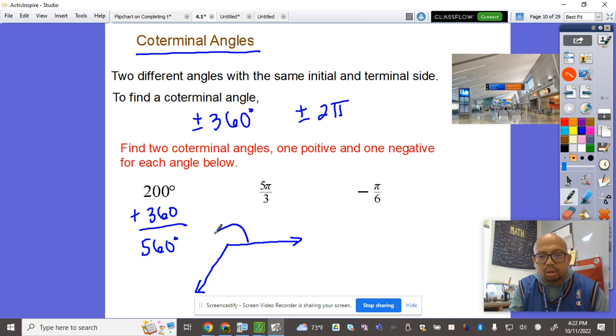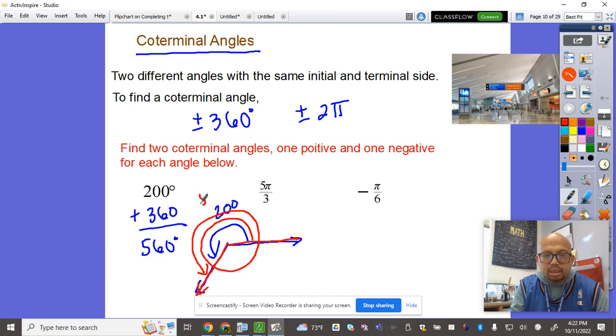A 560 will have the same initial side and terminal side, but the number of revolutions will be 360 plus 200, and stop there. That red one is the 560 degrees. It's the same position of the initial and terminal side except for the number of revolutions.